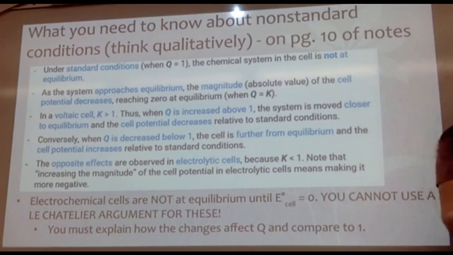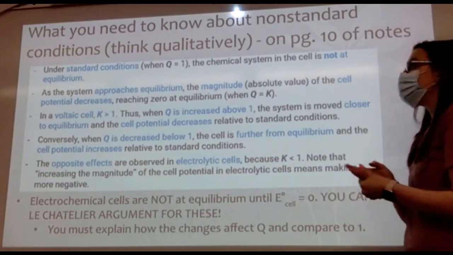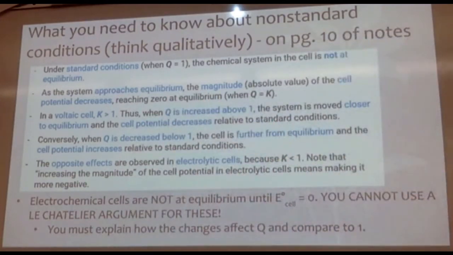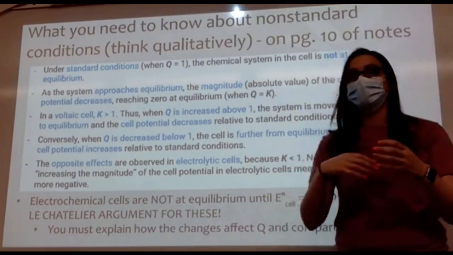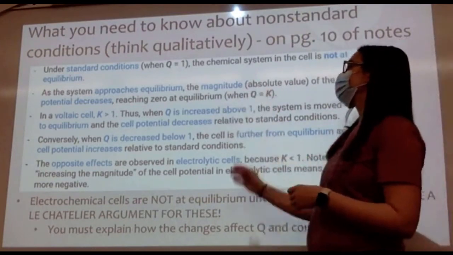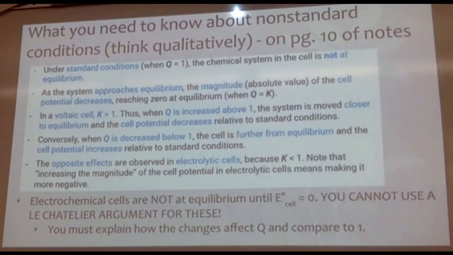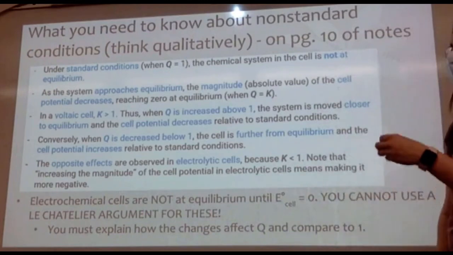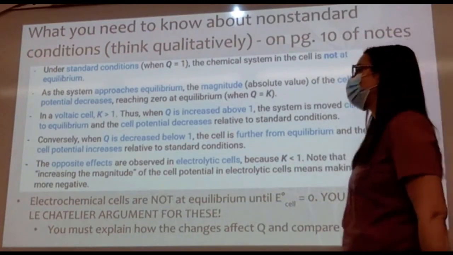As soon as the cell hits equilibrium, it dies because cell potential is 0. So as the cell gets closer and closer to equilibrium, cell potential is getting closer to 0. As the cell runs, we see cell potential decrease because the system is getting closer and closer to equilibrium.